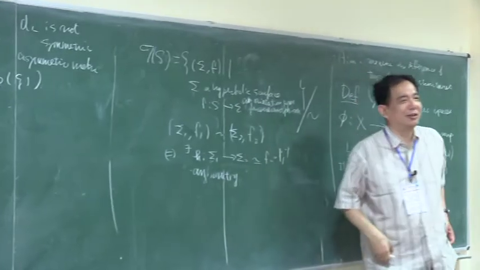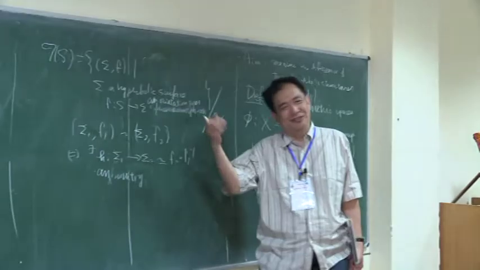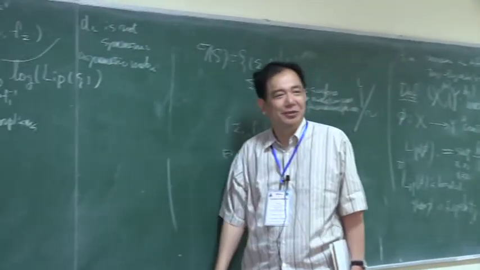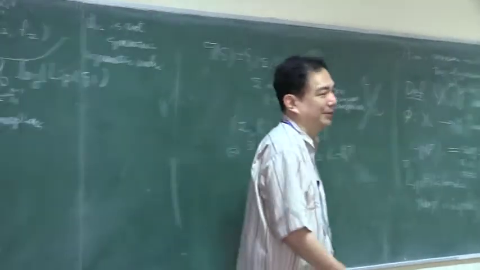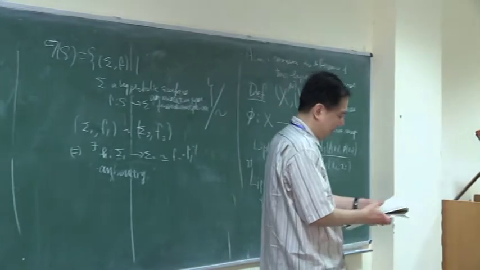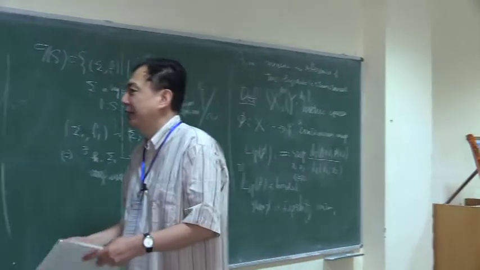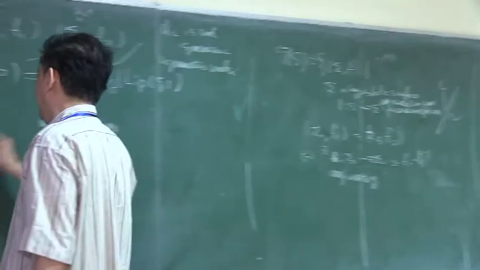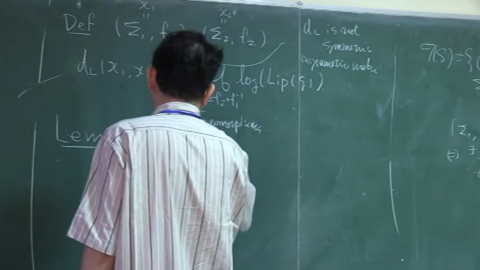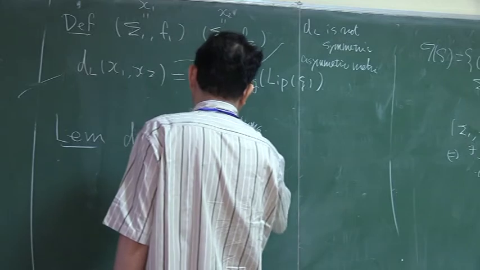It's kind of hard to pronounce, but asymmetric. So the lemma is that d_L is an asymmetric metric.